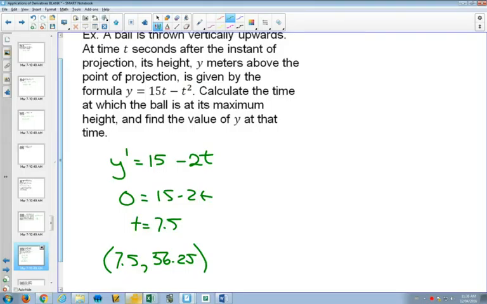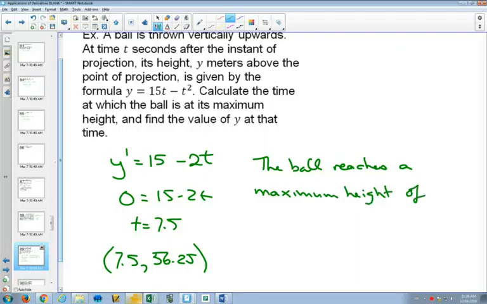Now, what does that mean? Well, the ball reaches a maximum height of 56.25 meters at 7.5 seconds.